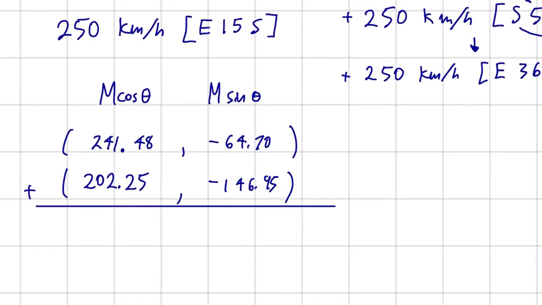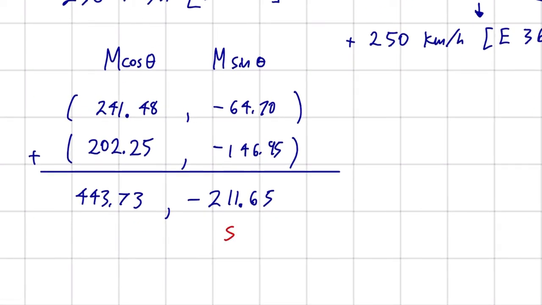So when we add these up, what do we get? 443.73, comma, negative 211.65. That is south and east. Remember, south because of the negative, and it's east because this is a positive number.